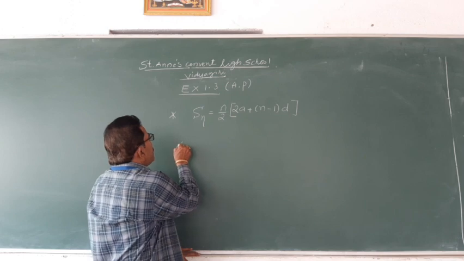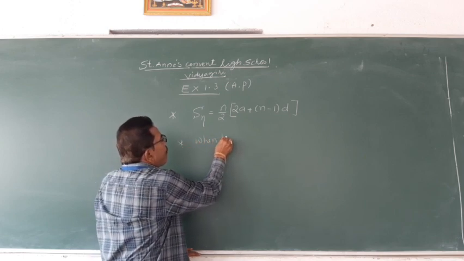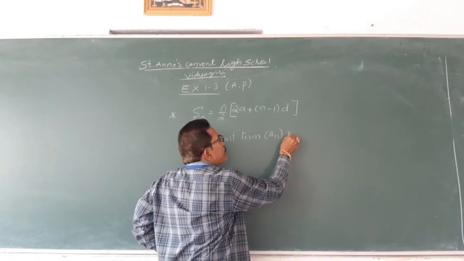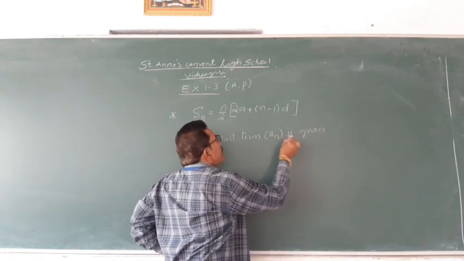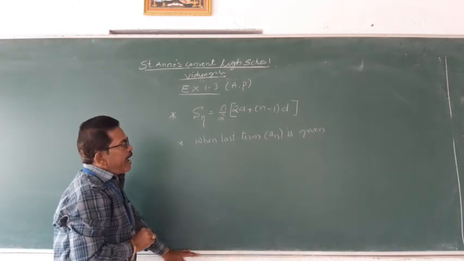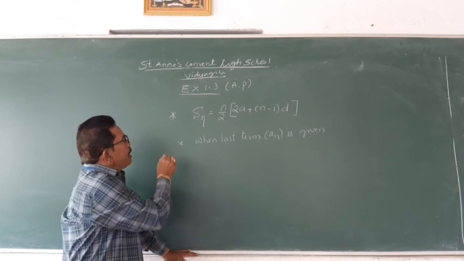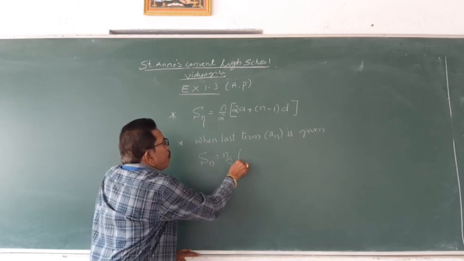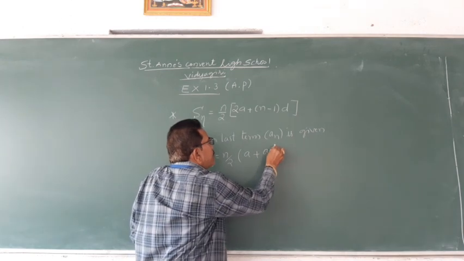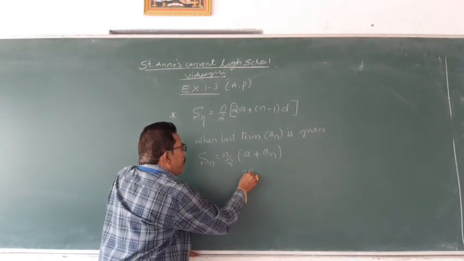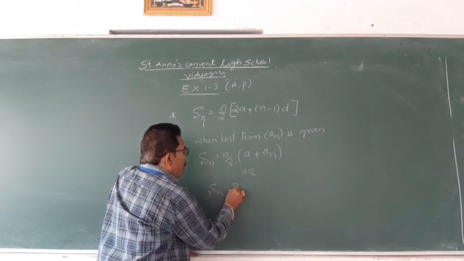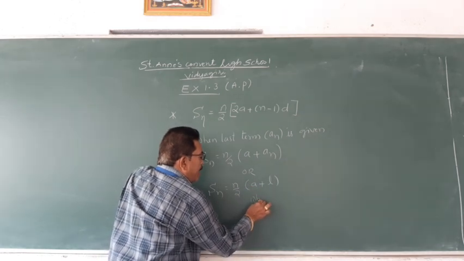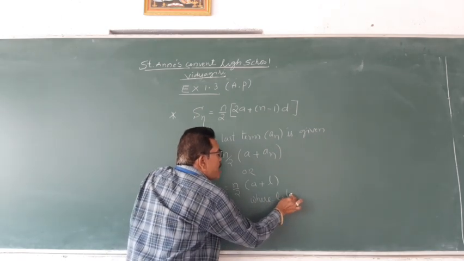When the last term an is given, this formula can be reduced to a slightly different form, that is Sn equals n by 2 (a plus an), or Sn equals n by 2 (a plus l), where l equals the last term.